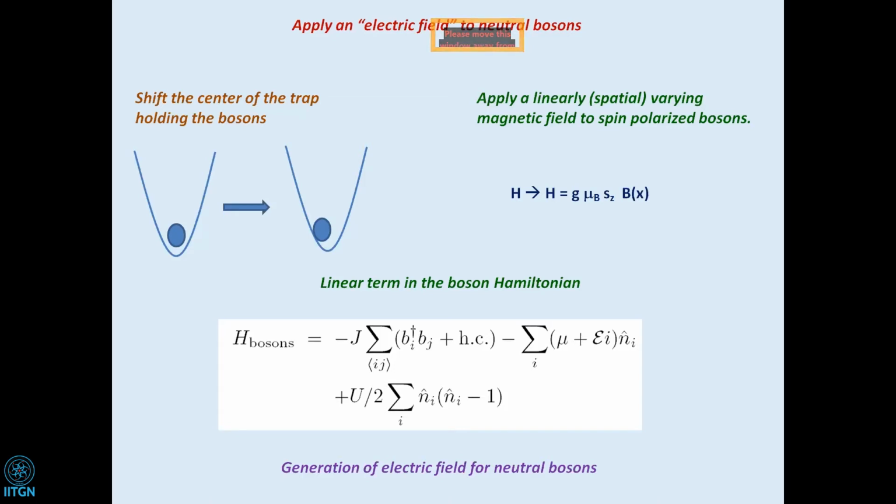How do we do this? One possibility is that this cold atom cloud of bosons typically sits at the center of a trap. If you shift the center of the trap, initially you had a harmonic oscillator trap potential, which is like (1/2)kx² for these bosons. Now you have shifted the center of this trap, so you have a potential like (1/2)k(x − x₀)², where x₀ is the shift that you have put in.